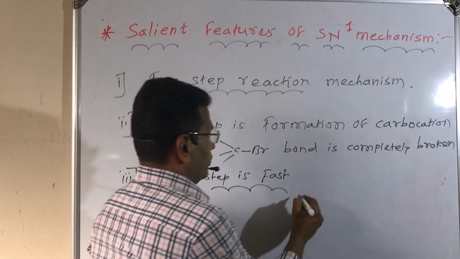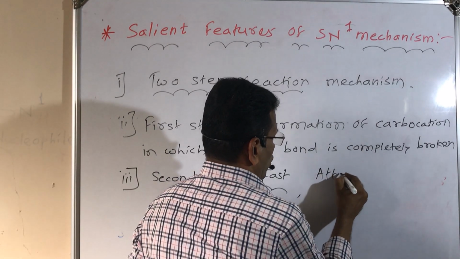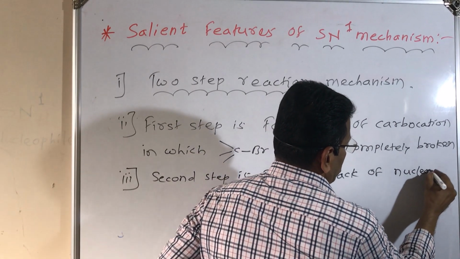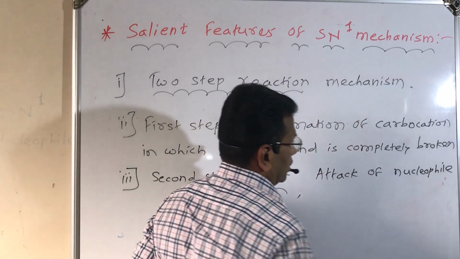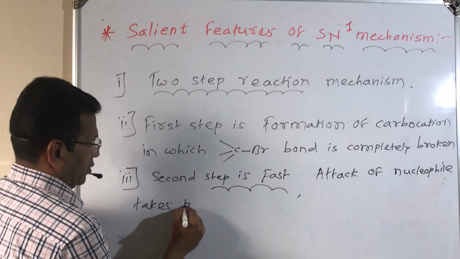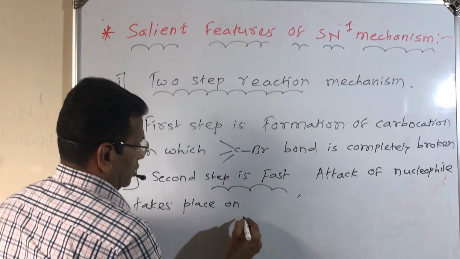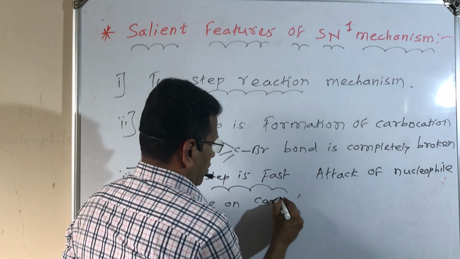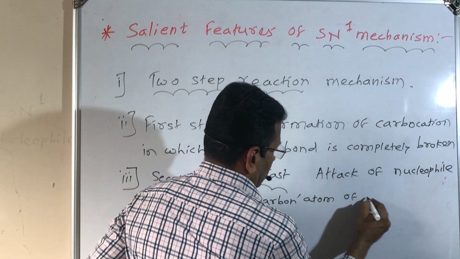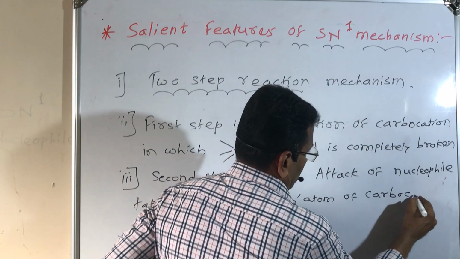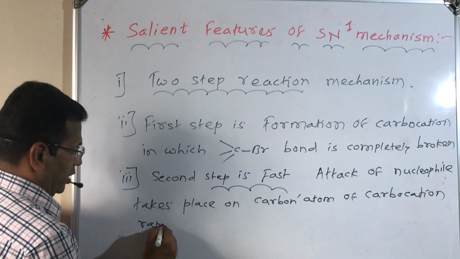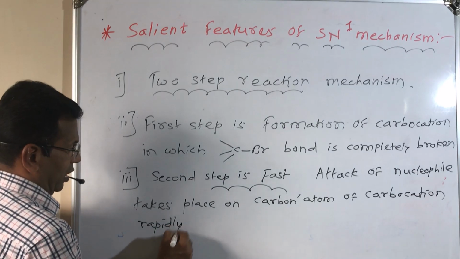In second step, attack of nucleophile, that is OH minus ion, takes place on carbon atom of carbocation rapidly.